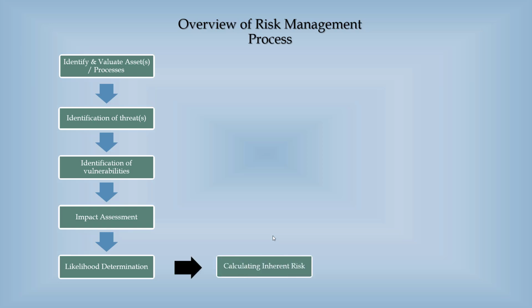Then we calculate the inherent risk value. How is that calculated? The value of impact multiplied by the value of likelihood multiplied by the value of asset. The result is inherent risk. Then we perform control assessment. We see whether there are any controls applied to actually mitigate the identified risks.